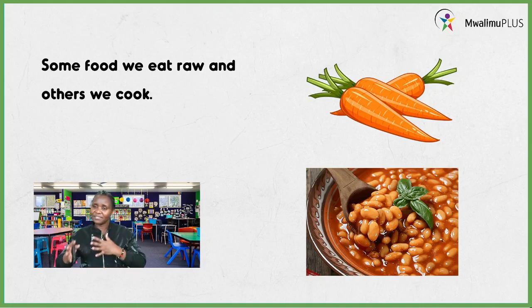We have other different types of food that we can take when they are raw. You can assess this at home. When your parent comes from the market, you can ask which food can be eaten raw and which cannot be eaten raw.